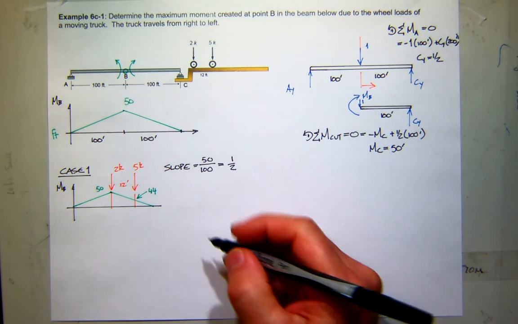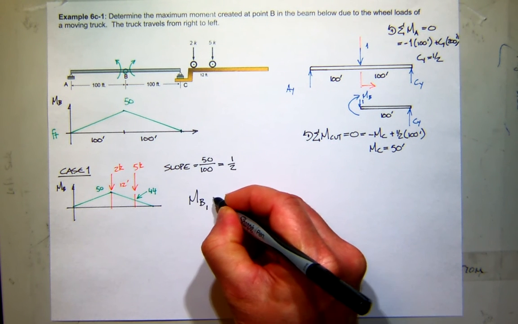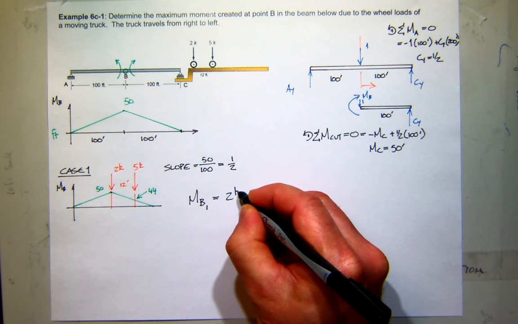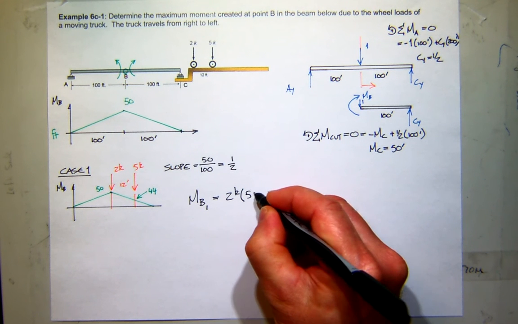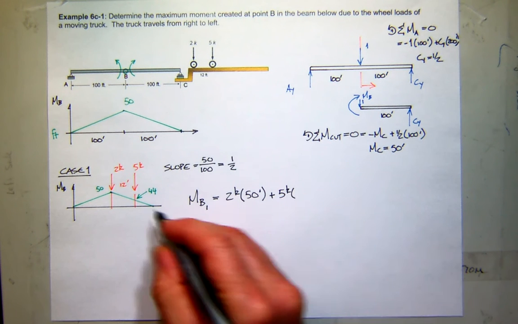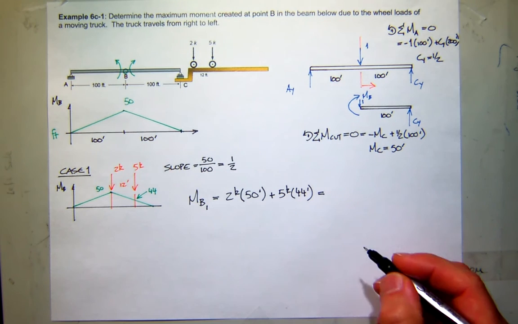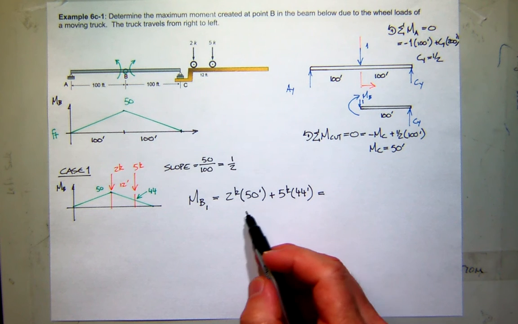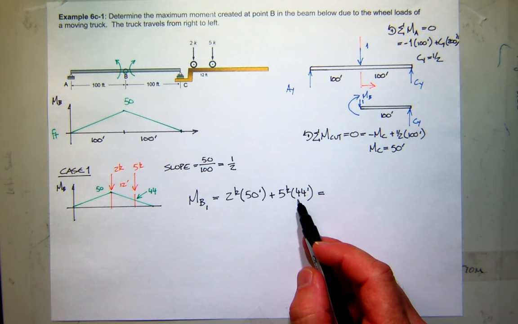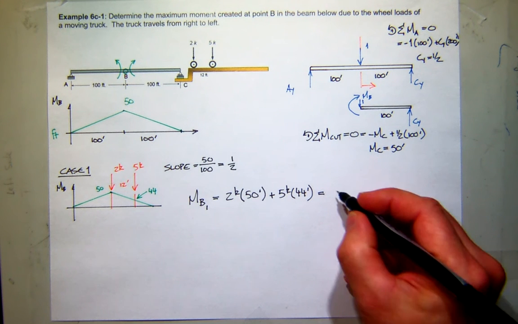So for this case, the moment at B for case 1 is going to be 2 kips times 50 feet plus 5 kips times 44 feet. So this is 100. This is 220. So 320 kip feet. Is that right?